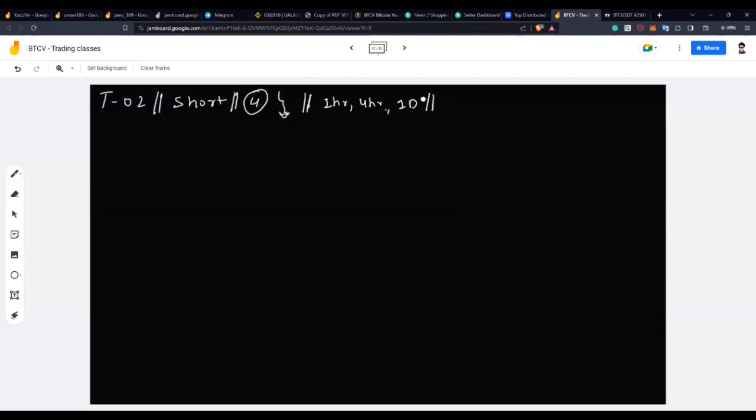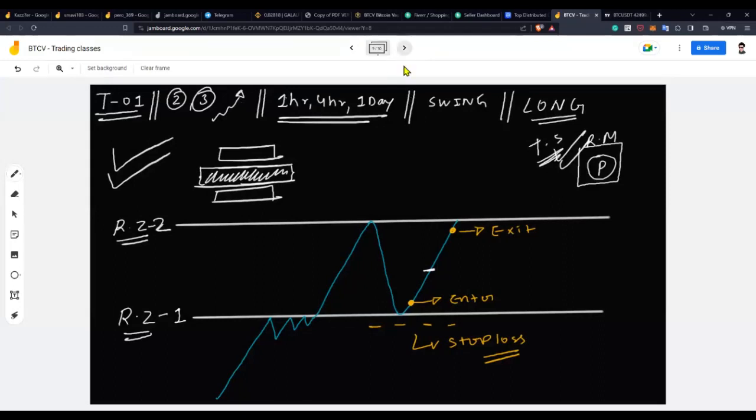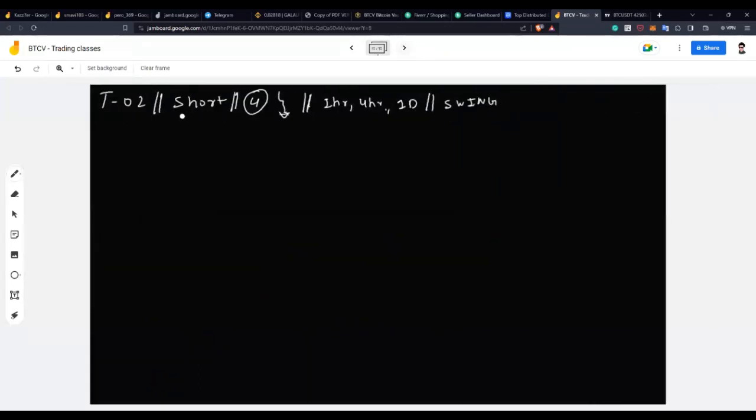Generally, I like to use 1 day, then go to 4 hour, and then 1 hour. It's a swing trade, so let me just write swing trade right here. Anything else? No, I think we have covered everything. So that's it. It's a short position trade. We will be doing this kind of trade in the fourth phase, which is the markdown phase, right?